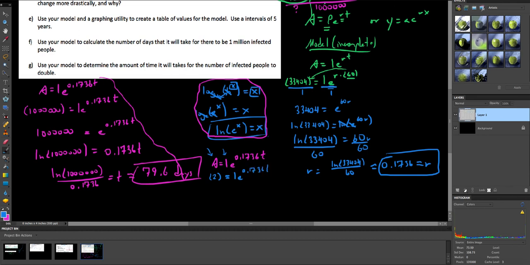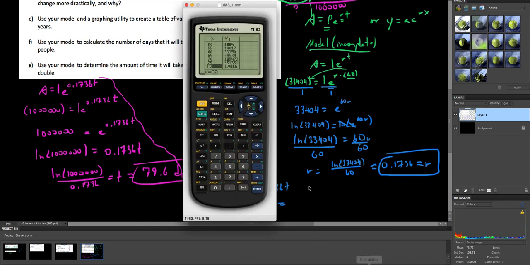And so using the same steps as we tend to do, we'll divide by 1. We'll take the ln of both sides. So 2 divided by 1 is 2. Take the ln of that, and then we'll leave behind 0.1736t. And if we were to divide that natural log of 2 by 0.1736, that would give us our time to double. Let's take a look.